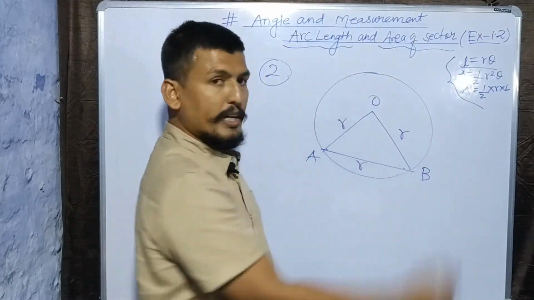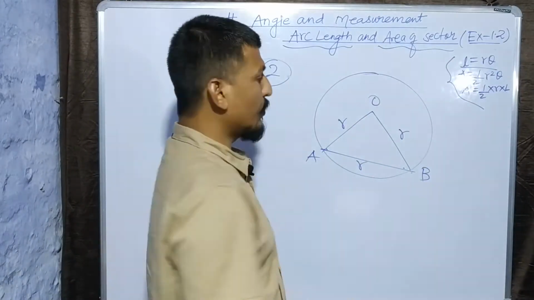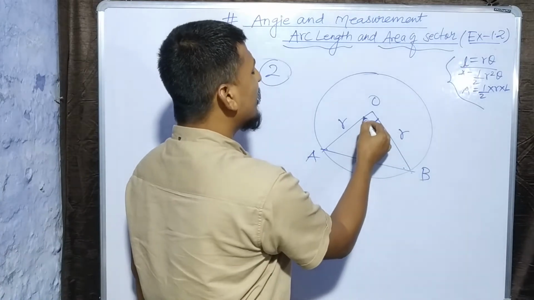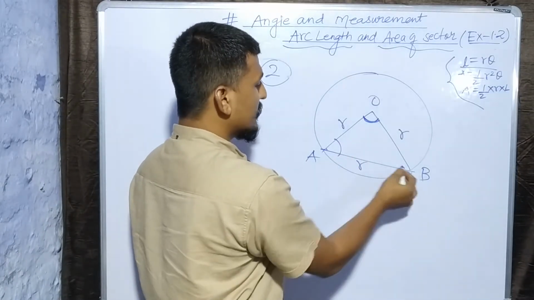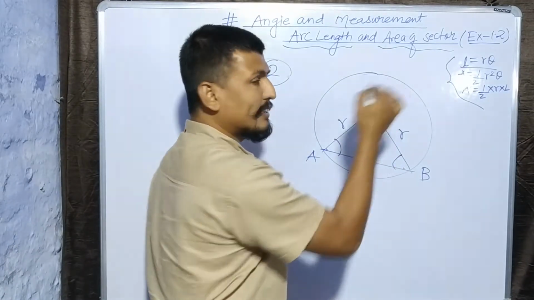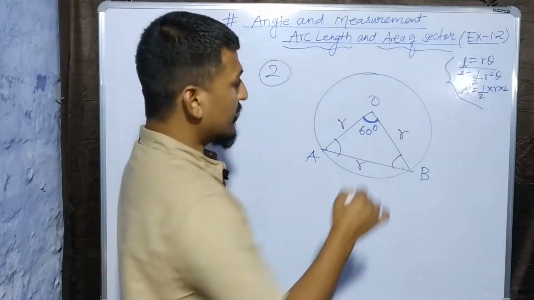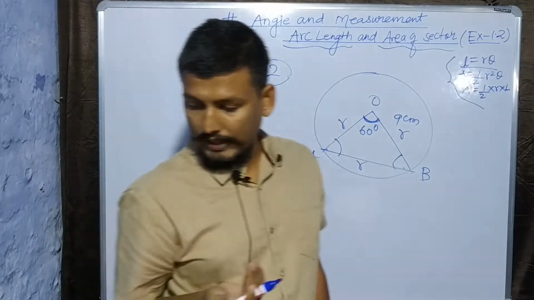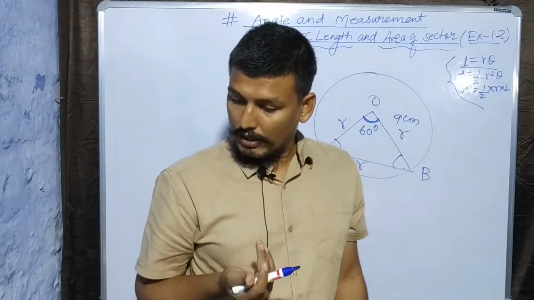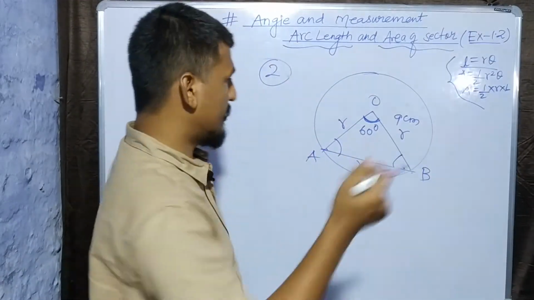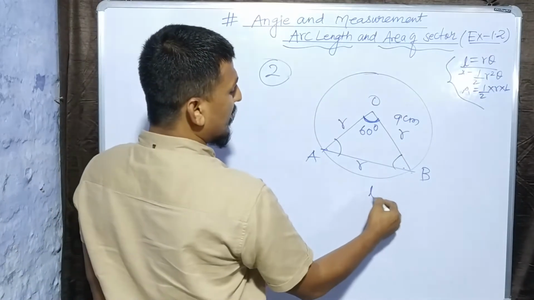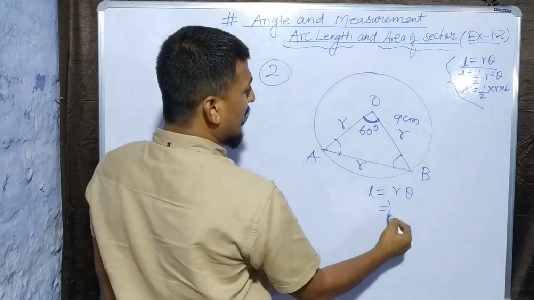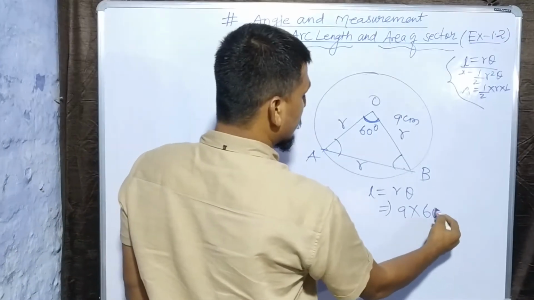So we have an equilateral triangle, and in case of equilateral triangle, the central angle is 60 degrees. So we have 60 degree as central angle, and radius is 9 centimeter. You have to find the length of arc. Again, it is very simple. L is equal to r theta. R is 9, theta is 60 degree.